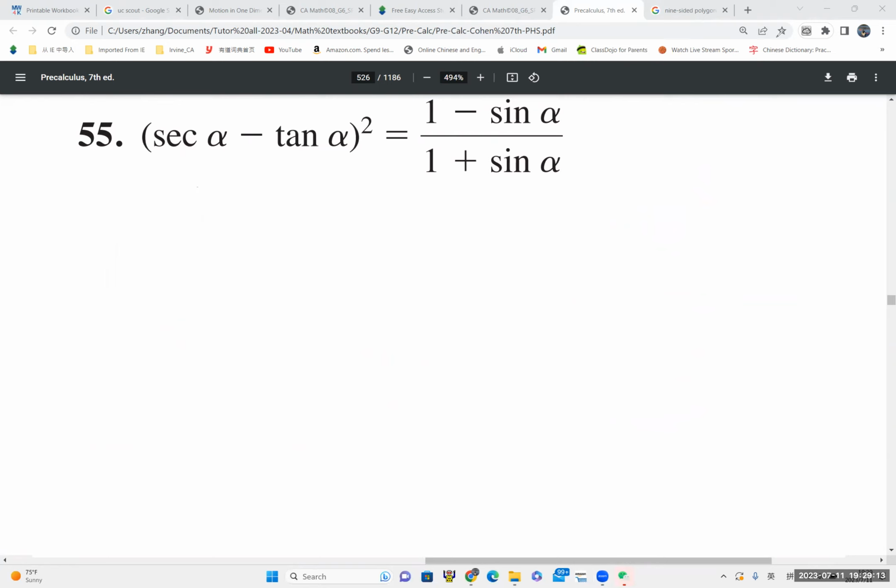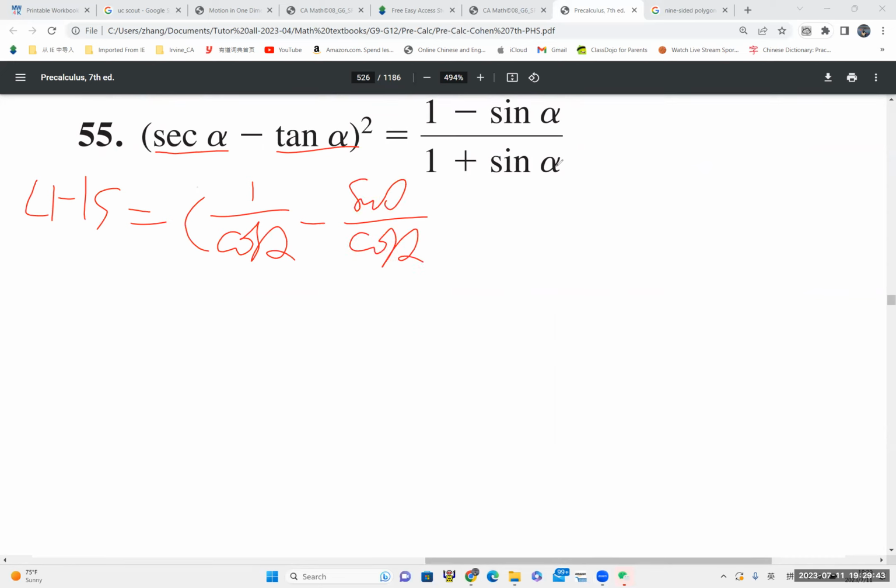So secant or even tangent is a little bit strange compared to sine and cosine. So we'd better convert it to sine or cosine first, right? So I would start from the left side. This means 1 over cosine alpha minus cosine alpha, and the top is sine alpha square.